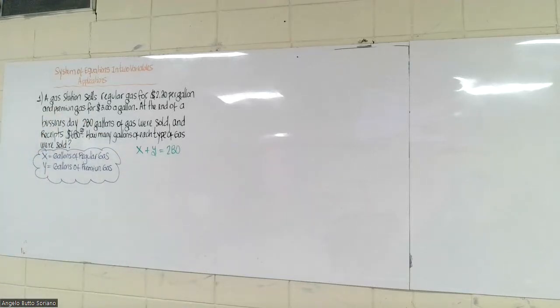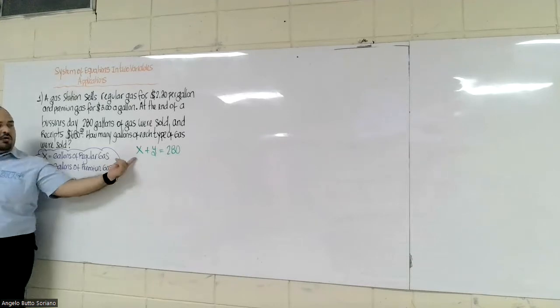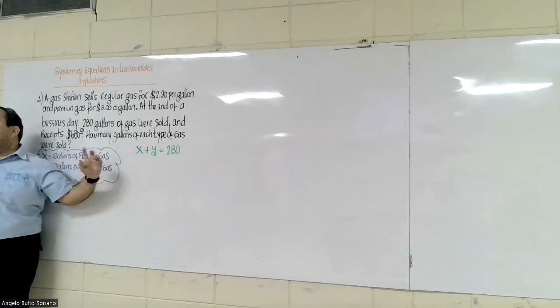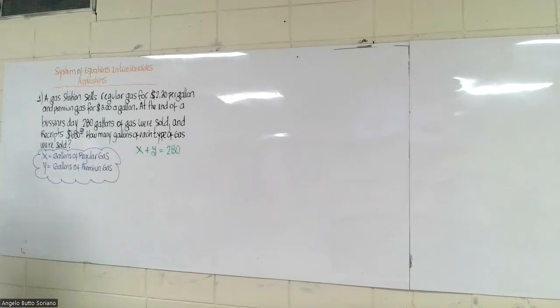Now, in the second part of the problem, we're talking about money. The problem established that the company sold regular gas at $2.20 per gallon and premium at $3. So what I have to do is almost the same as the first equation, but this time we must include the money per gallon.